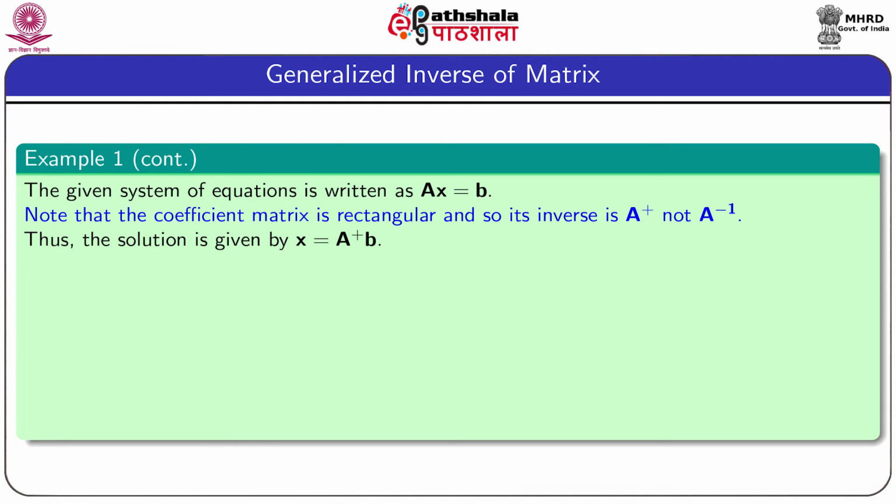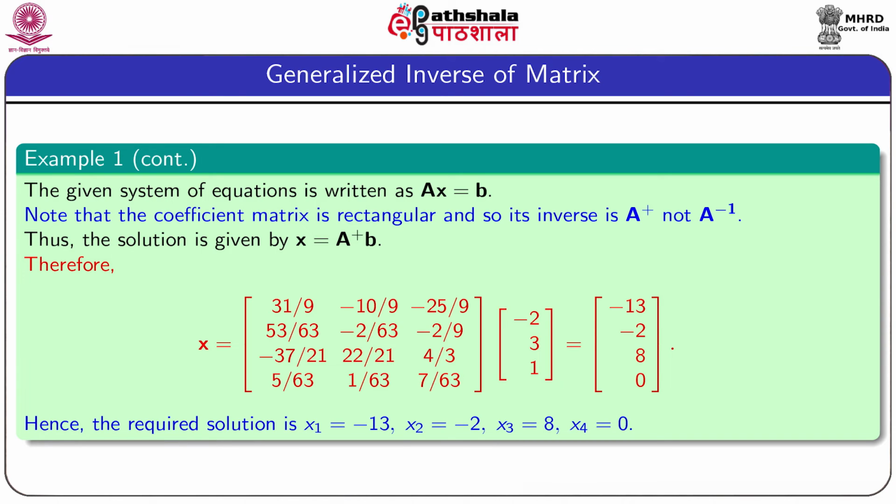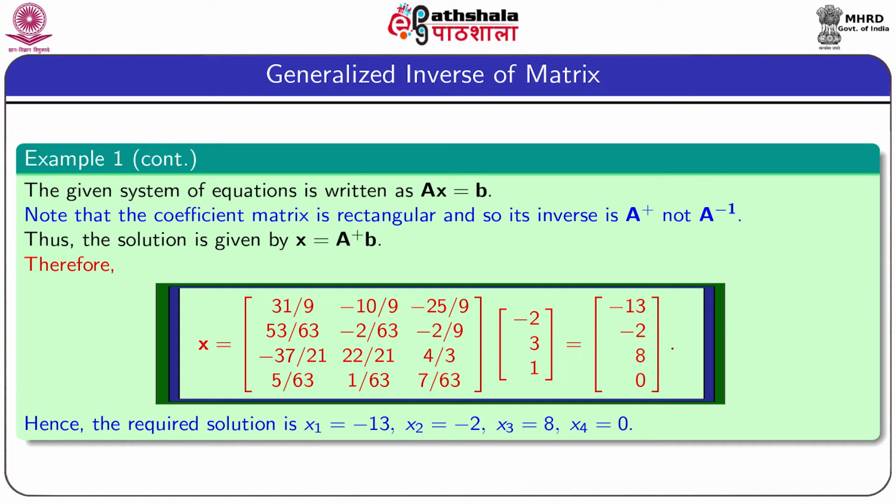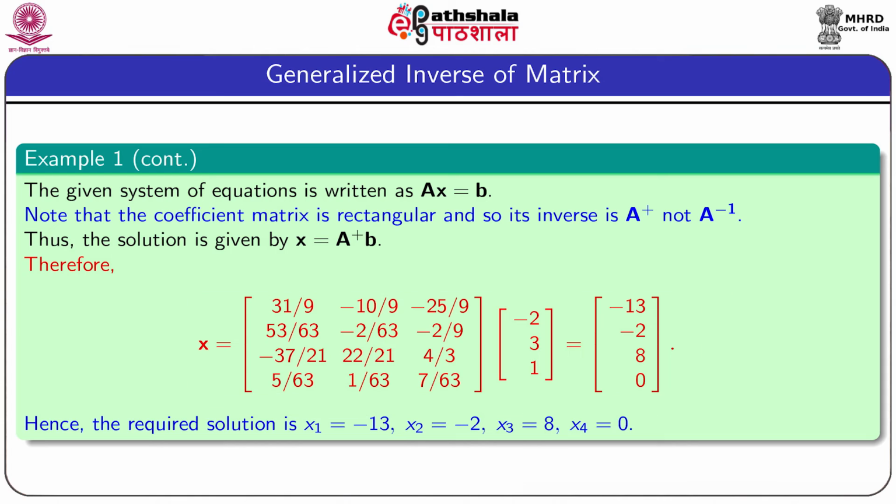Thus, the solution of the given system of equations can be obtained by the formula x equal to A plus B, that means Moore-Penrose inverse into B. Thus, x equal to A plus into the vector B. After multiplication, the vector x is minus 13, minus 2, 8 and 0.